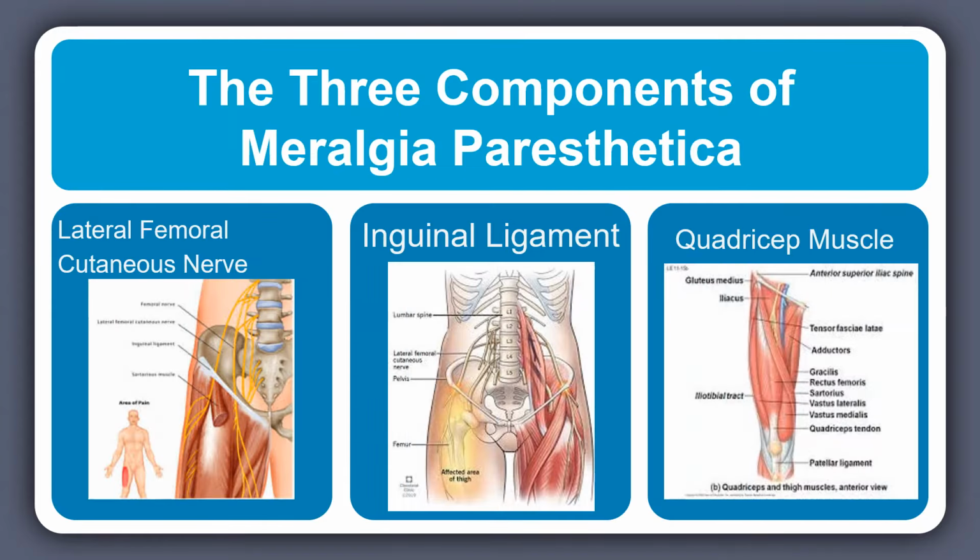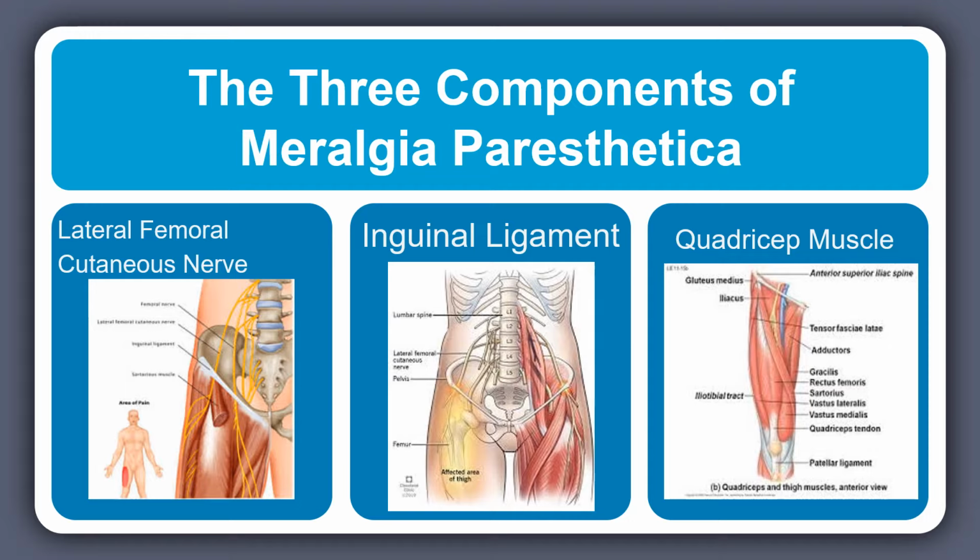So the 3 components of Meralgia Paresthetica are the lateral femoral cutaneous nerve. This is a nerve that comes out of the low back and down the front of the abdomen and the front of the leg. And so when there's compression on this nerve, then you'll get that sensory disturbance of the thigh and the side of the thigh.